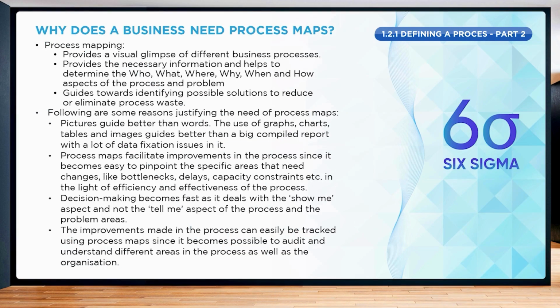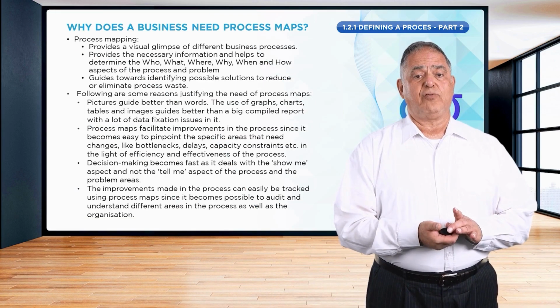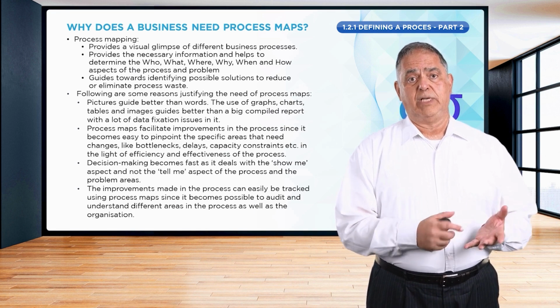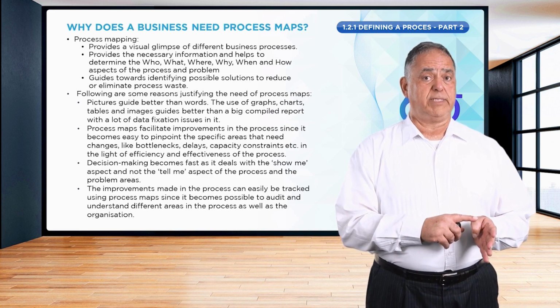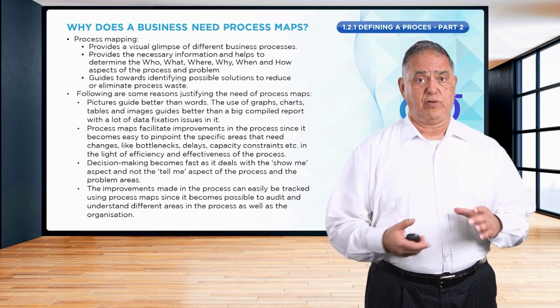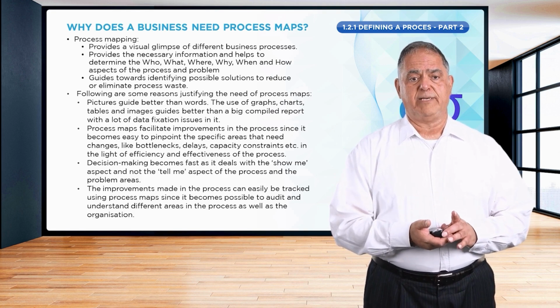So why do we need process maps? Process mapping is a tool. It visually represents how the process works between start and finish. It provides a visual glimpse of different aspects of business processes, provides information and helps determine who is doing what, when, where, and in some cases how, depending on the level of detail of the process mapping.